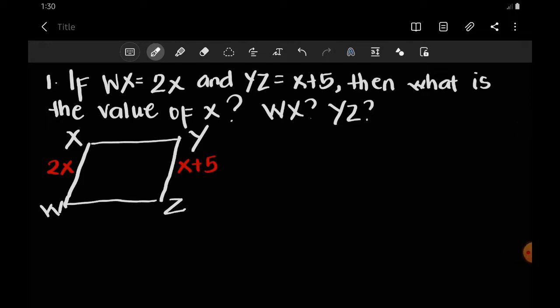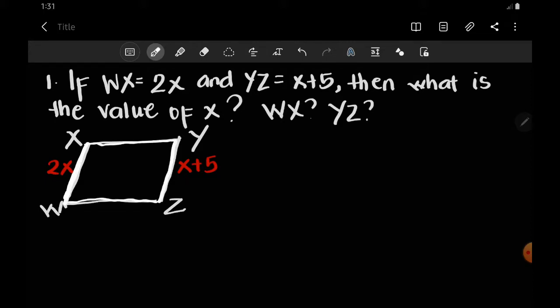If WX is equal to 2x and YZ equals x plus 5, then what is the value of x, WX, YZ? So given this figure, we have WX equals 2x and YZ equals x plus 5. So the first thing that we're going to do is to analyze the figure.